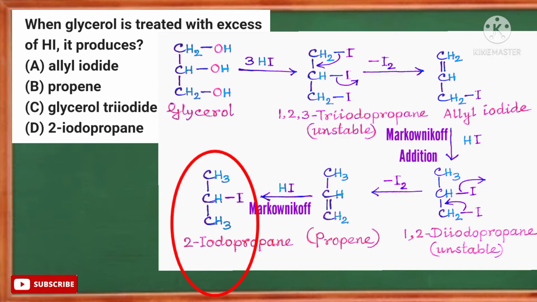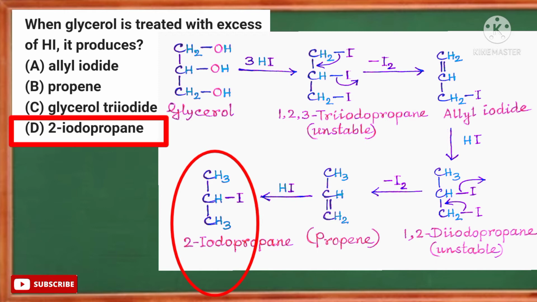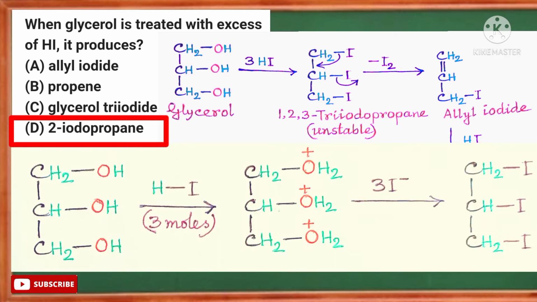So this is 2-iodopropane, and this is our final product, which is obtained by the treatment of excess amount of HI on glycerol. So our right option is, of course, option D. This is 2-iodopropane, right?